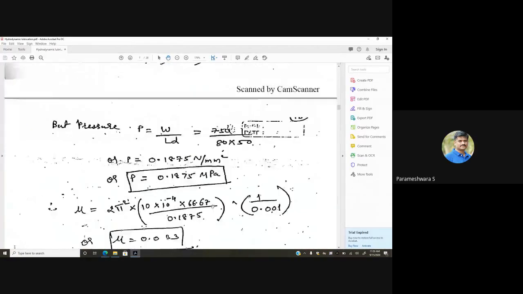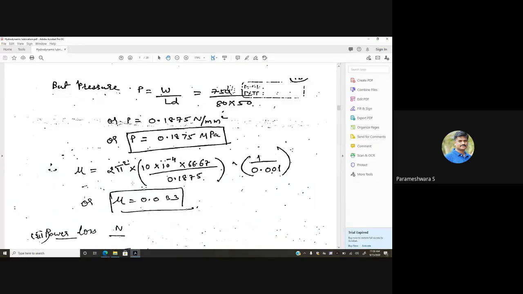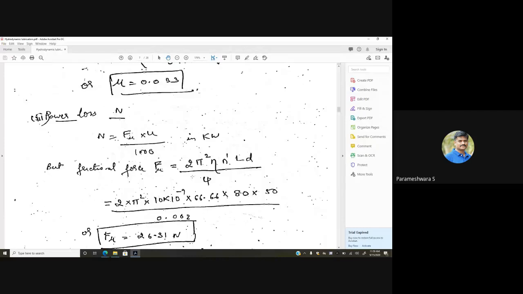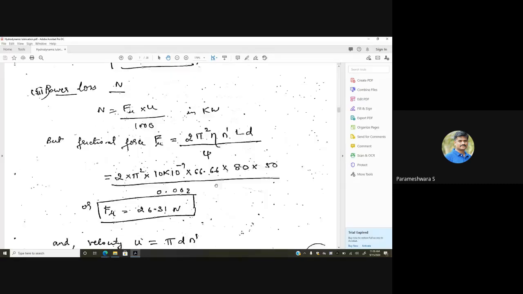Okay, I will tell you the answer now. Just substitute the values and calculate. Mu is 0.033, the coefficient of friction. Similarly, calculate the power loss. In order to find the power loss, you need the mu value and the frictional force.